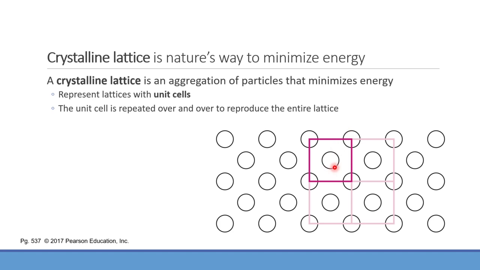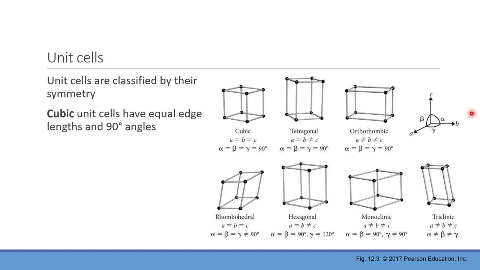Here we see that there's 1 in the middle, and then there's a quarter on the outside. And so this unit cell will repeat. What we're going to do is focus on these unit cells. A cubic unit cell has equal edge lengths and also angles of 90 degrees.